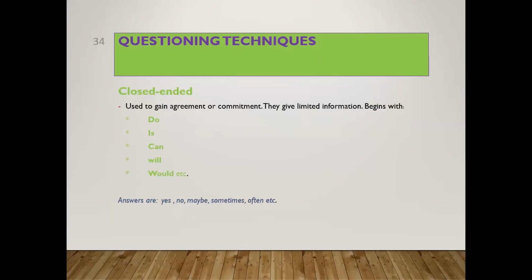Of course, there are other ways, but these are the most common ones. The responses to closed-ended questions are usually very limited. The person will answer yes, no, maybe, sometimes, often, or some other response, but they will not be giving you a lot of details, right?